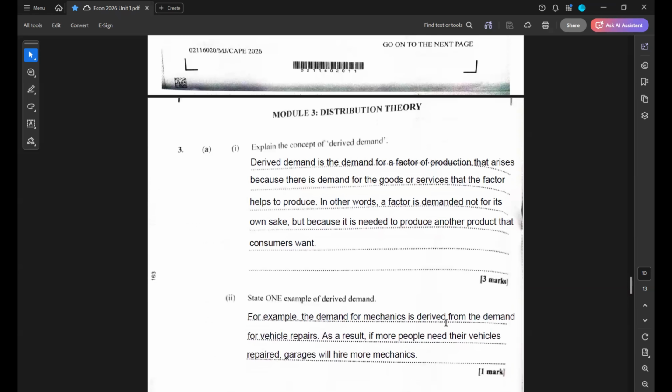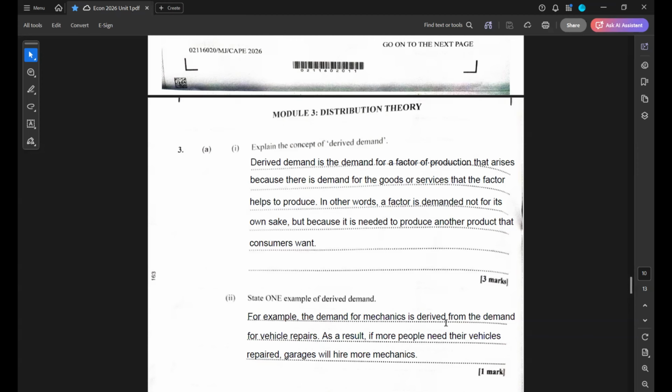They want us to state in part 2 one example of derived demand. So for example, the demand for mechanics is derived from the demand for vehicle repairs. As a result, more people need their vehicles repaired, so garages will hire more mechanics.